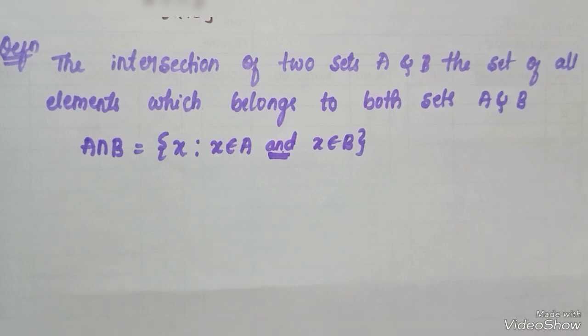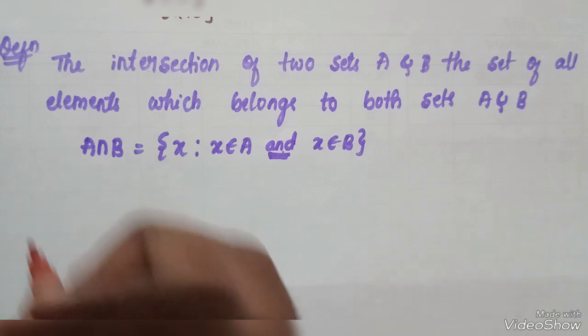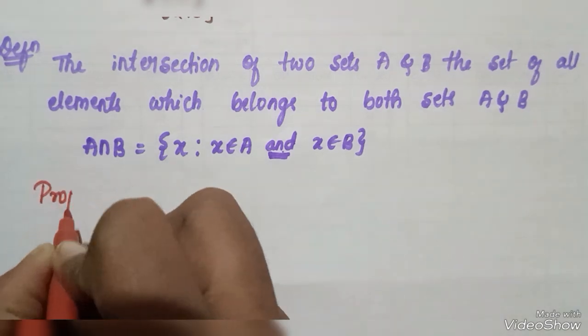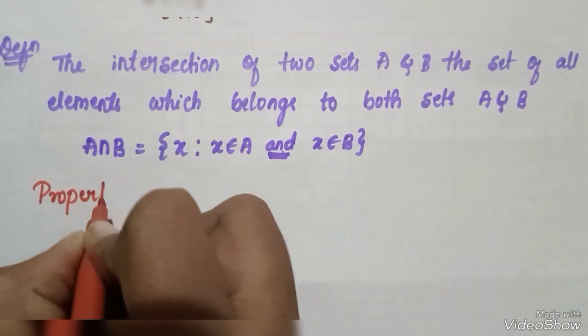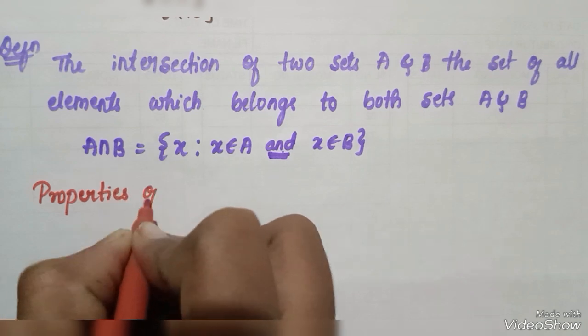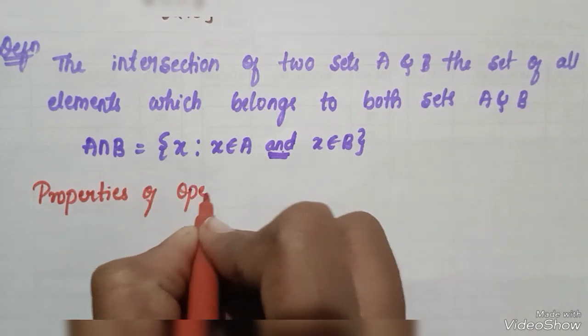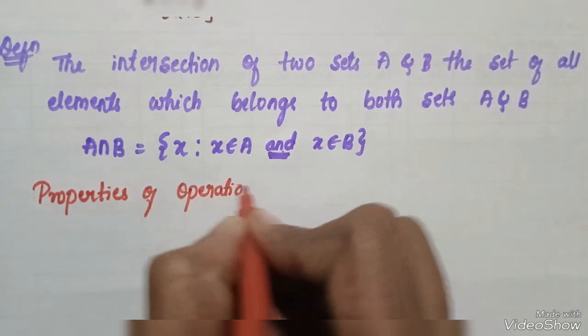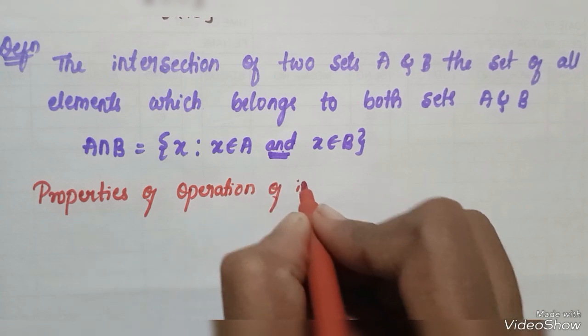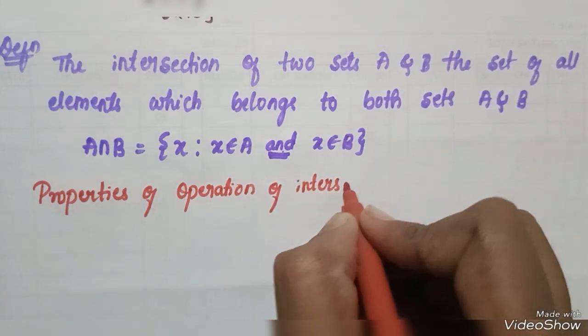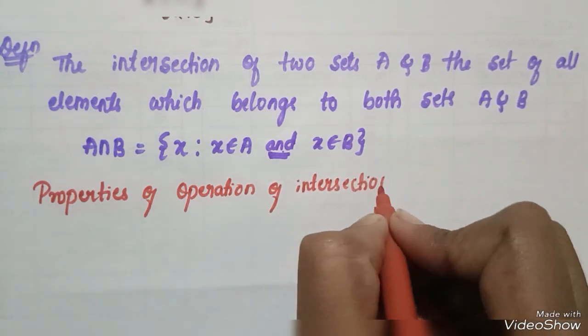Next, here also we see some properties, that is, properties of operations of intersection.